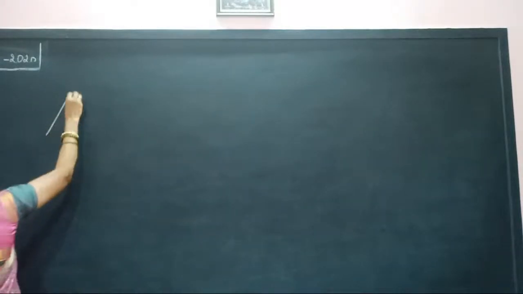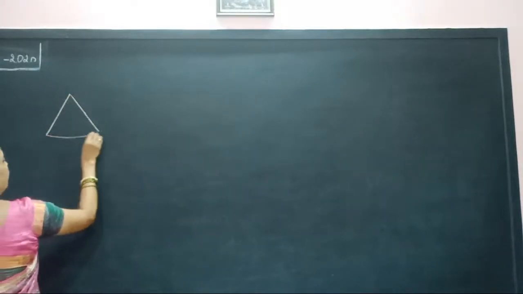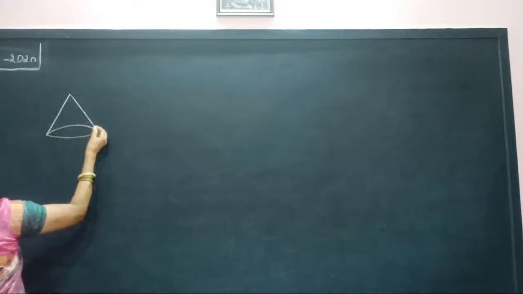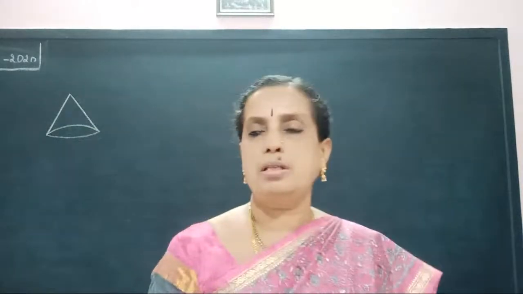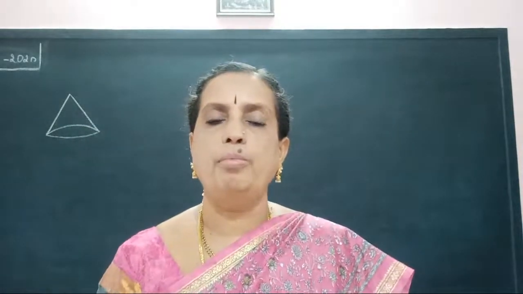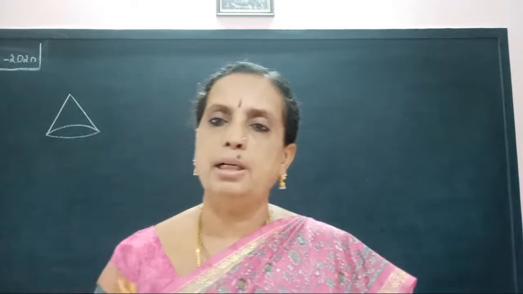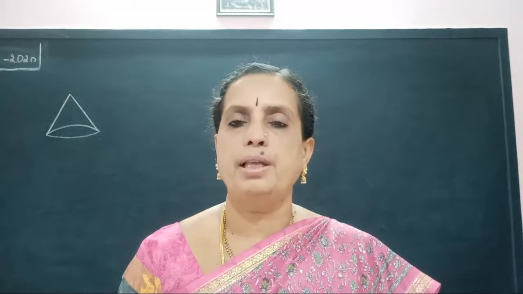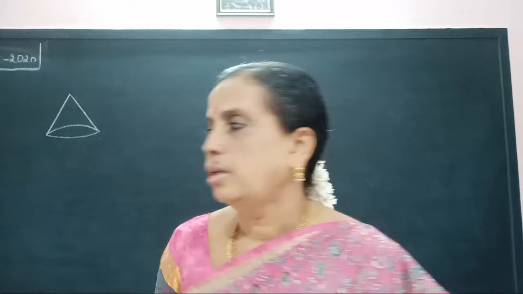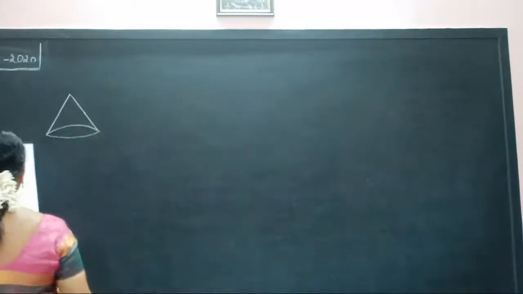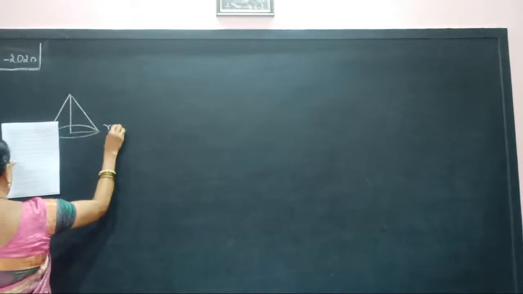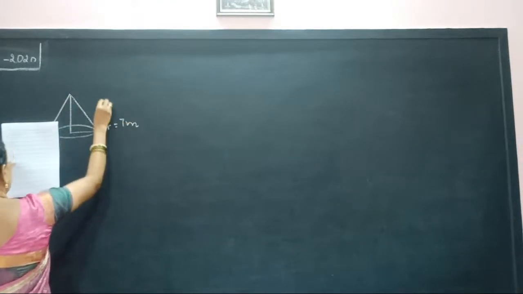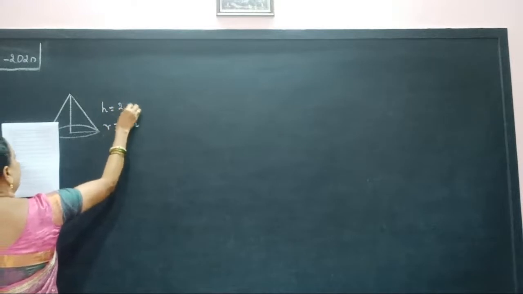When it is a conical tent, don't consider the bottom, because the bottom portion is covered with either carpet or chairs. The canvas required, the cloth required to make the conical tent, is nothing but its curved surface area. Given the base radius of this conical tent is 7 meter and height is 24 meter.